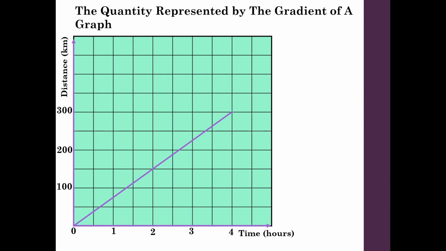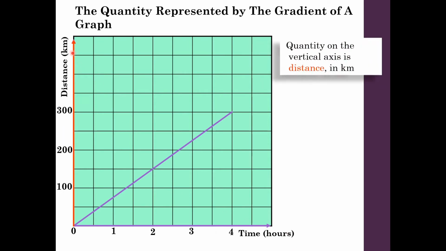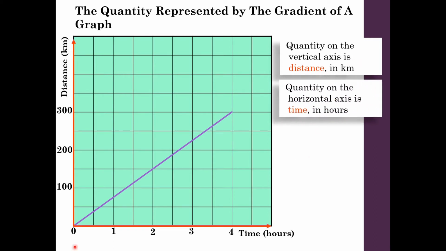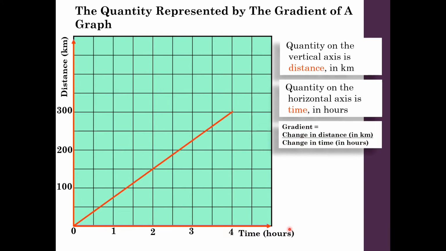Now we are going to learn more on the quantity represented by the gradient of the graph. In here we have distance time graph. As I told you before, the quantity on the vertical axis is the distance, and the quantity on the horizontal axis is the time. If we recall, how to find the gradient of a graph?